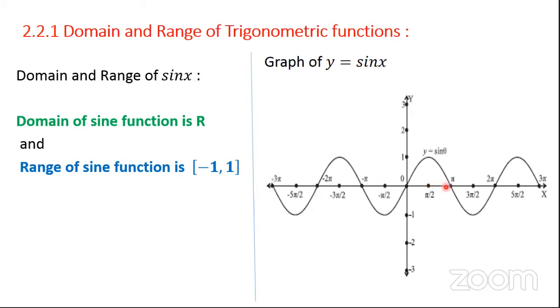And if we continue either on the positive side of the x-axis or on the negative side, we will observe the same pattern again and again. That means whatever the pattern for 0 to 2 pi, the same pattern we will get for 2 pi to 4 pi.